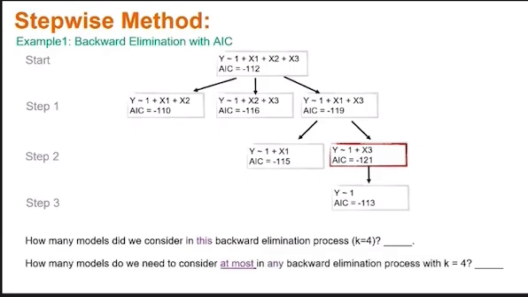Another typical question that's going to come out from here: how many models do we consider in this backward elimination process? In backward elimination, before we arrive at these results, how many models do we actually consider?